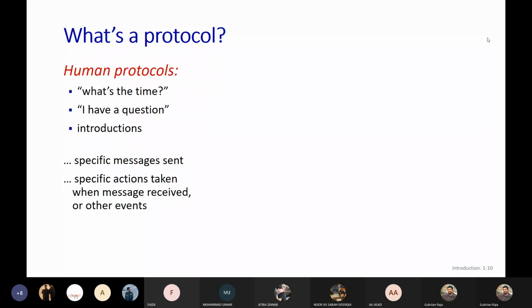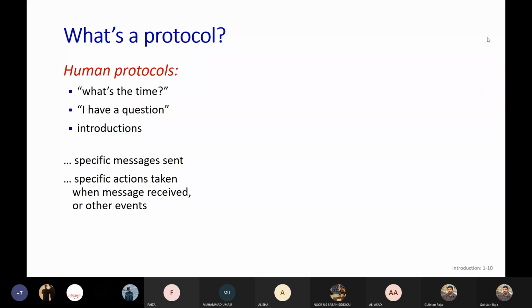Naturally you will maybe exchange greetings with each other, and then you will ask the time. And if you want to ask a question of the instructor, these are human protocols. Suppose you want to introduce each other, so naturally, one by one, you will devise certain methods for giving introductions. So this is basically human protocols.